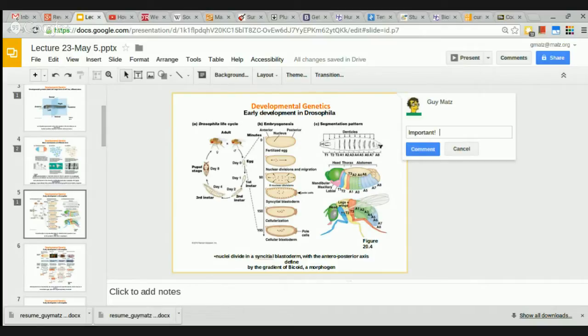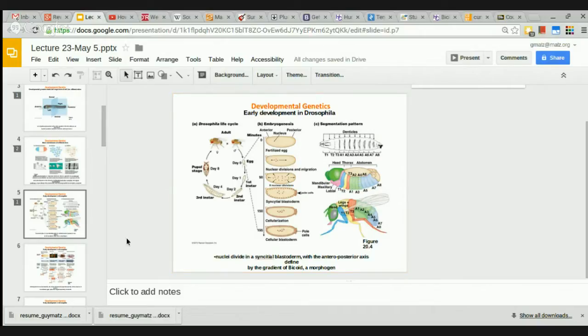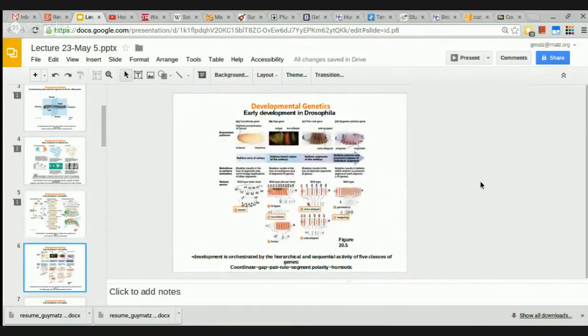So for the fly part, which occupies more than half of this lecture, this is really the crucial point. I think if you spend 80% of your time reviewing those slides on this slide, you'll be fine because it has pretty much everything.